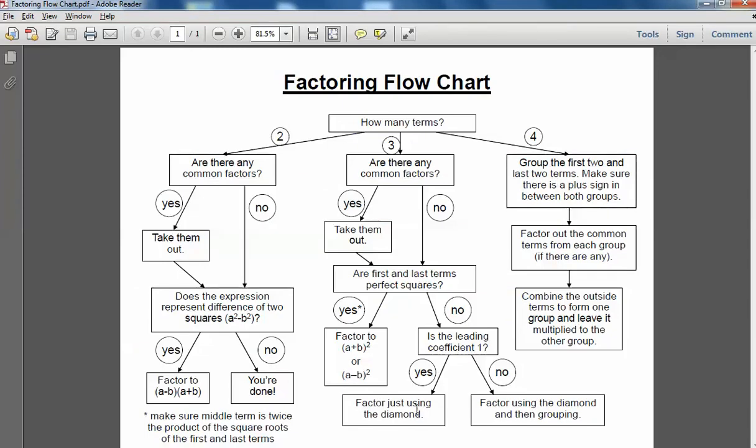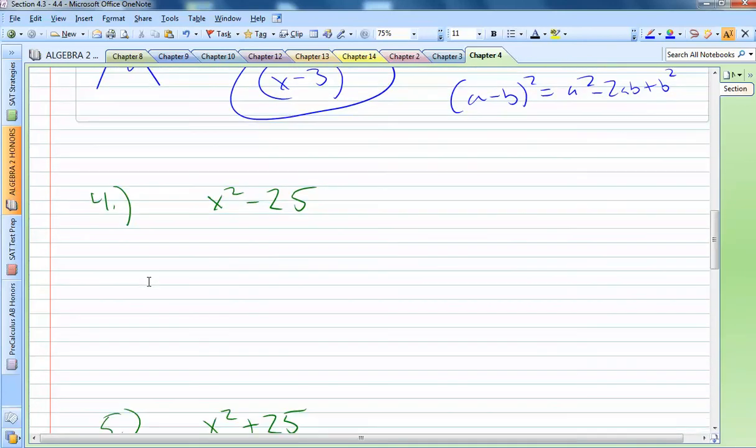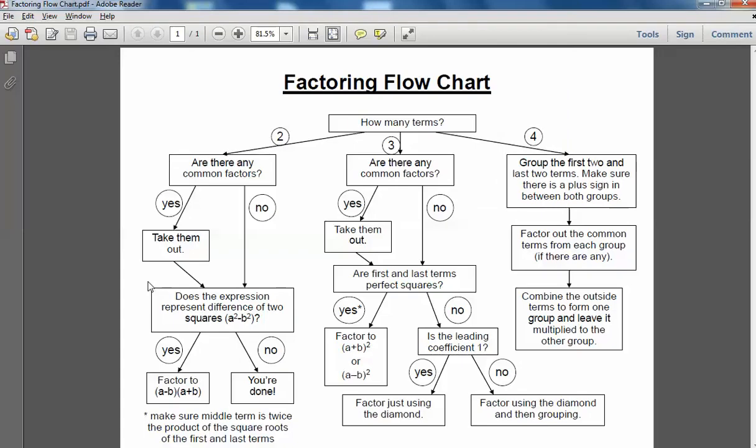But we're going to see some situations where the leading coefficient may not be 1, or we're factoring quadratic expressions of 2 terms. So let's move on. Let's go to number 4. In this case, we have 2 terms. So let's look at the flow chart now that we have it here. Are there any common factors? Nope. Does the expression represent a difference of 2 squares?